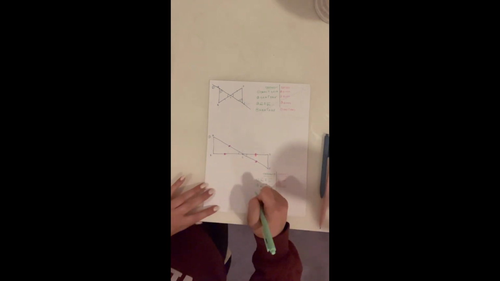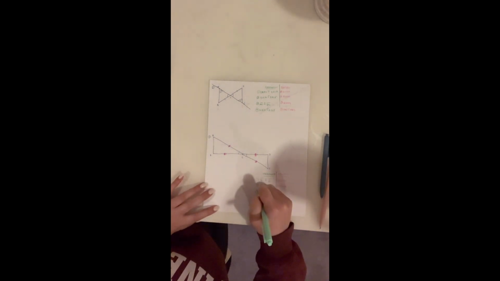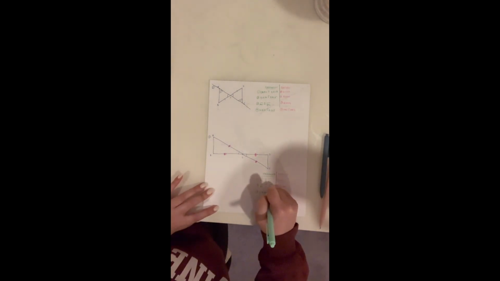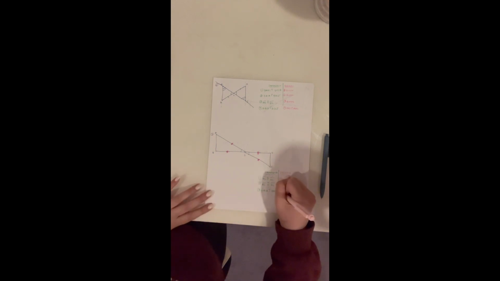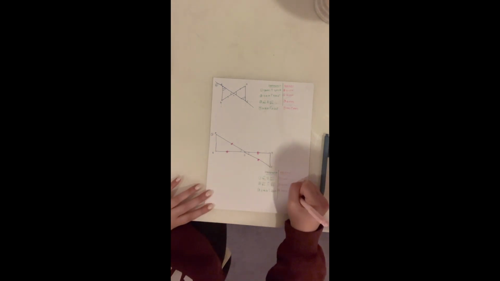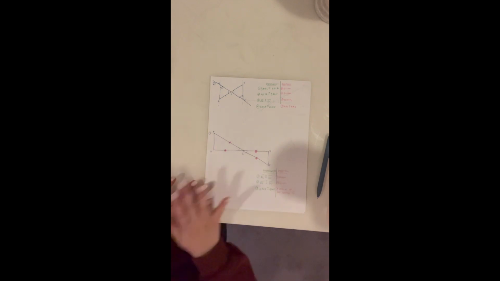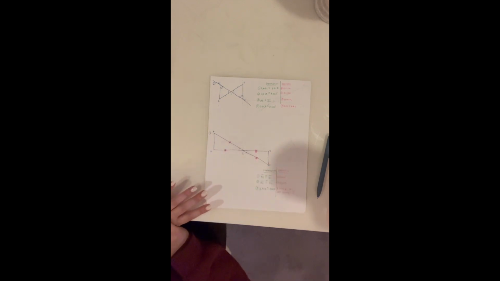So angle ACB is congruent to angle DCE, okay, and that is because vertical angles are always congruent, okay?